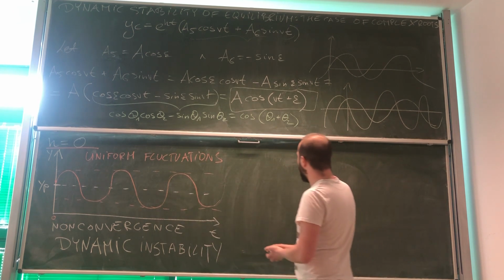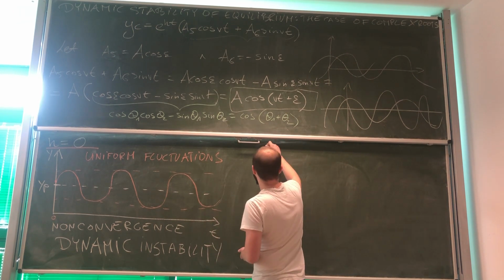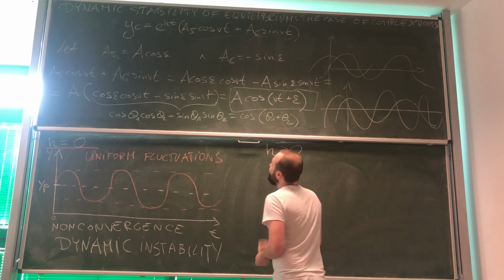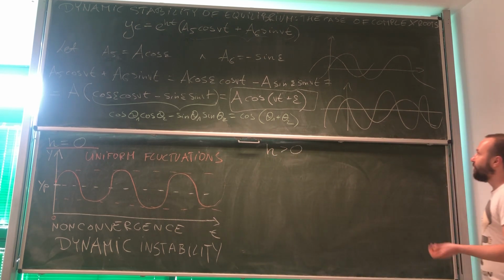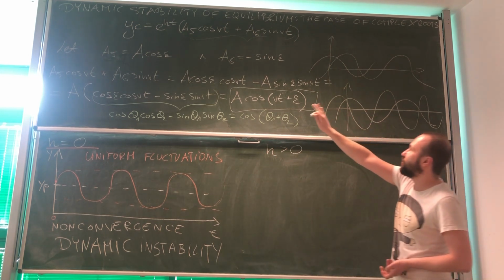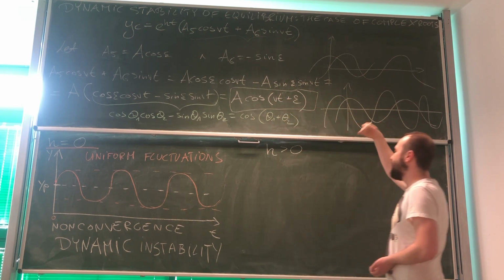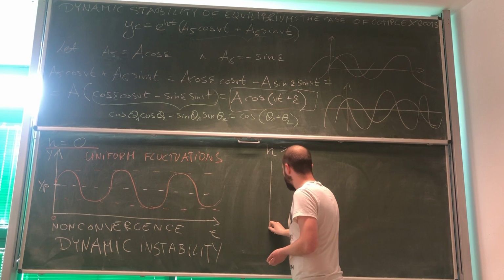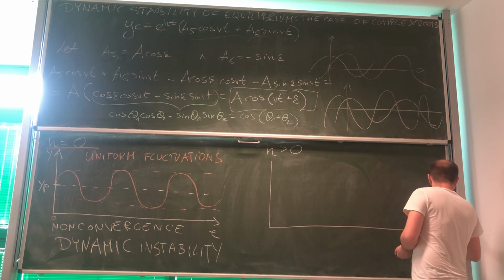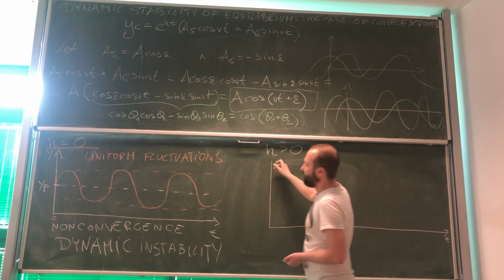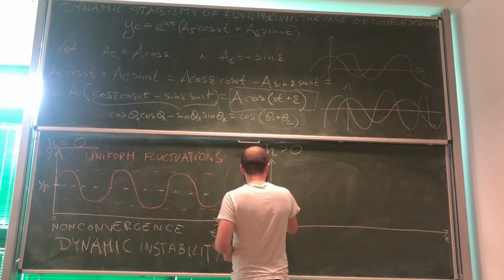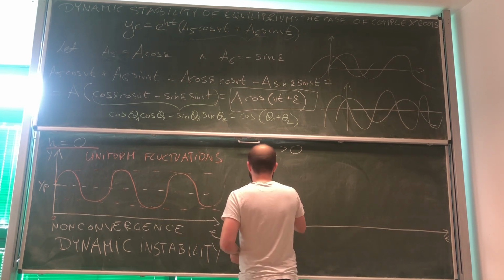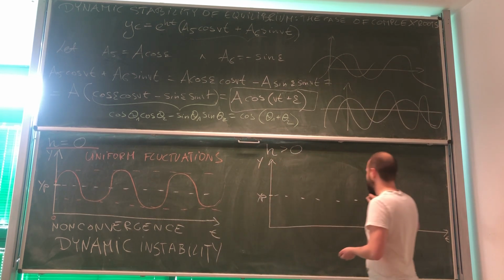Okay, now what happens if h is bigger than 0? Now we have the case that the expression e to the power ht gets bigger as time progresses, right? Let's draw this one. Here we have y. Here we have some yp, so our particular integral, the equilibrium solution.